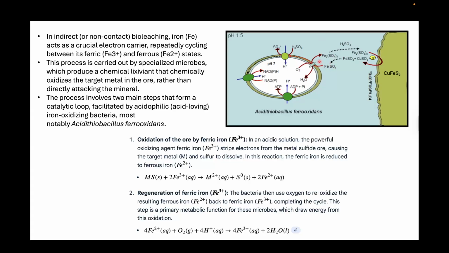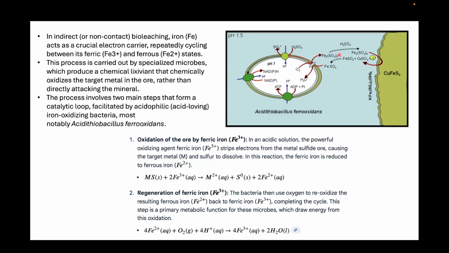This can oxidize back the Fe3+ population, which can then attack the CuFeS2, the chalcopyrite, from where we want to leach our copper ion. In the process, Fe3+ gets reduced to Fe2+, which is FeSO4. Now this FeSO4 can be consumed again by the bacteria Acidithiobacillus ferrooxidans, converted back into Fe3+. So this acts as an indirect leaching method in which Fe3+ attacks the CuFeS2, leaching out the Cu2+ ions into the solution.